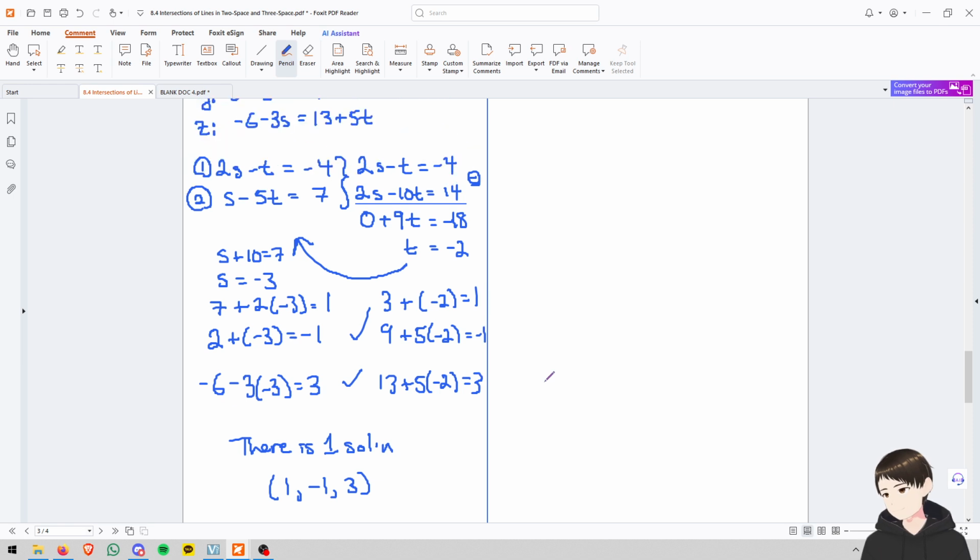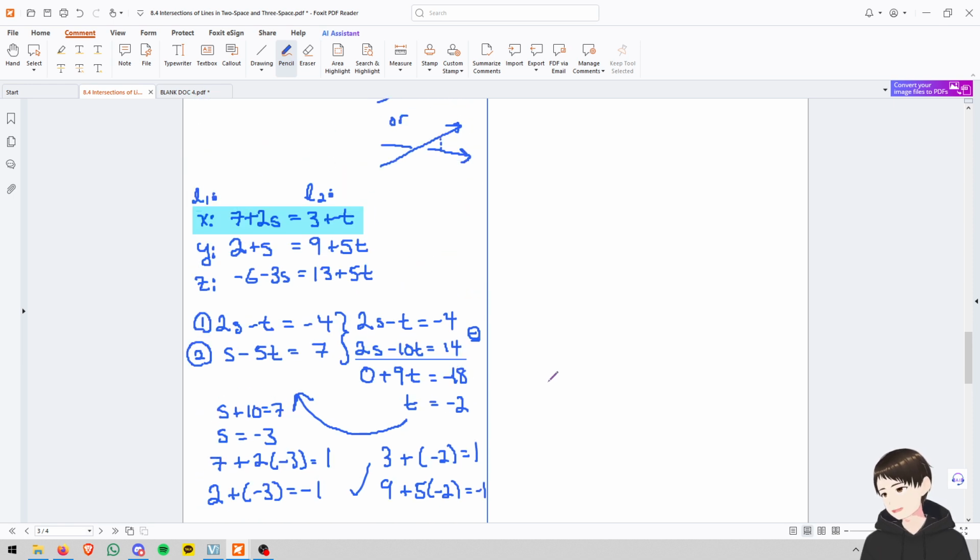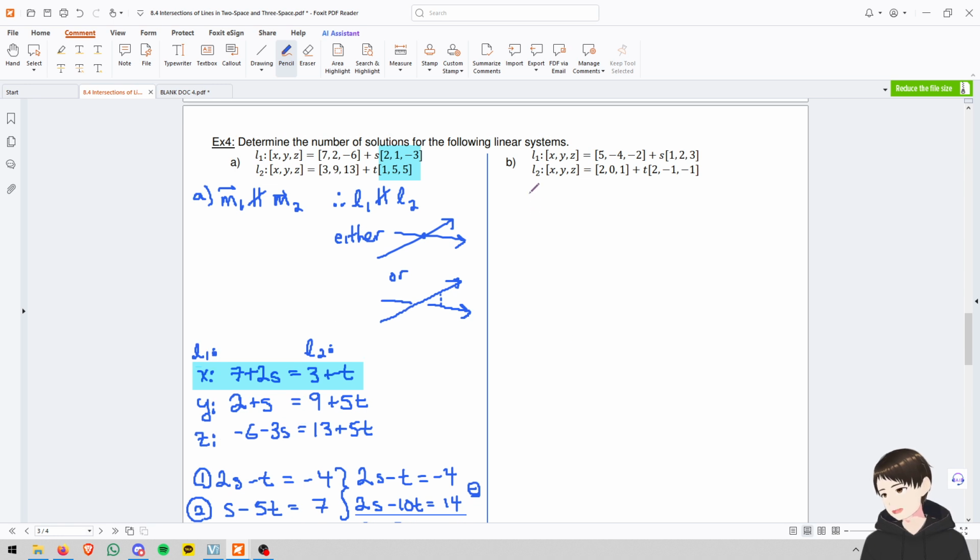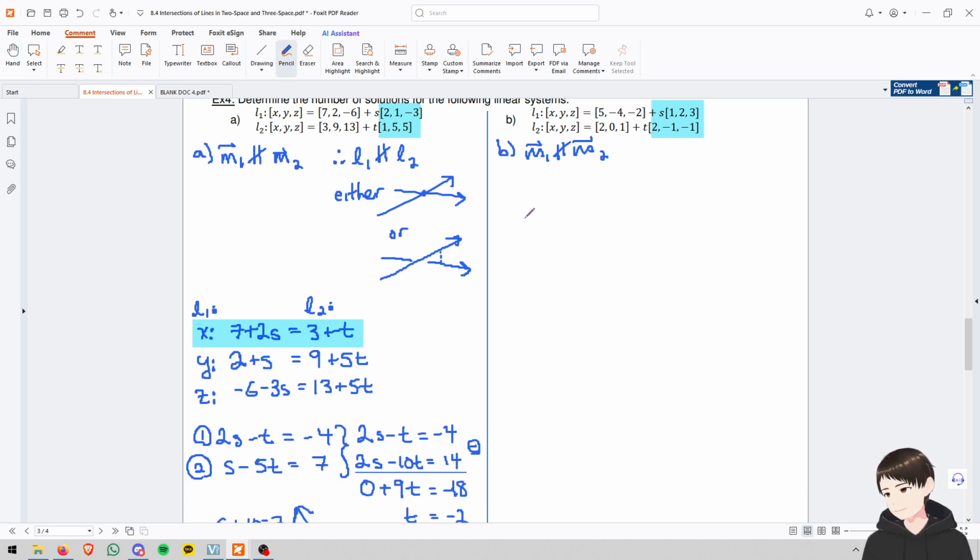Okay, that's it. So I'm going to do the exact same analysis for question B. I'm going to look at the direction vectors, and right off the bat I see that they are not parallel. So it's going to be the same situation. Either they're going to have a point of intersection or they're going to be spaced out. So let's try it. Line 1, my x is equal to 5 plus s.